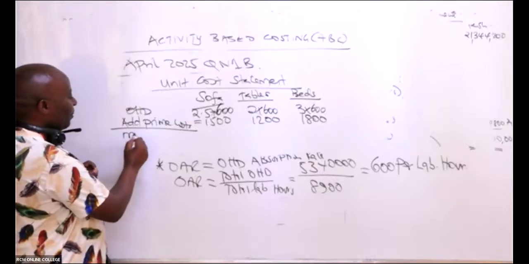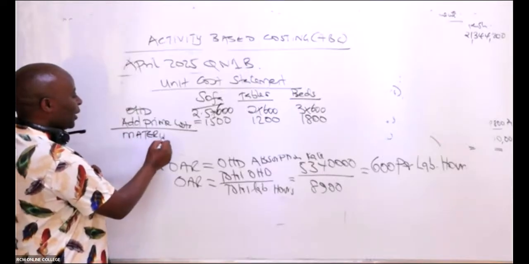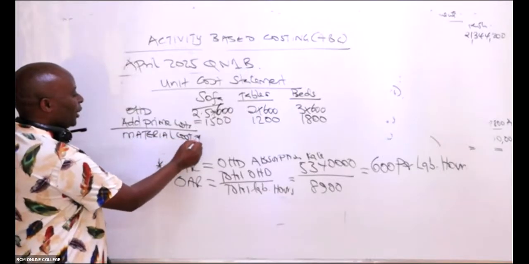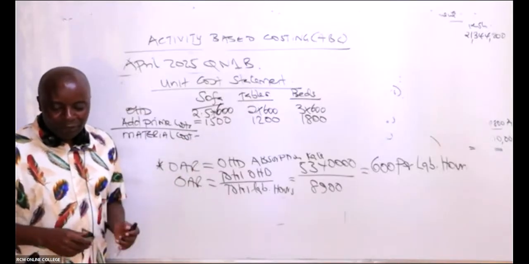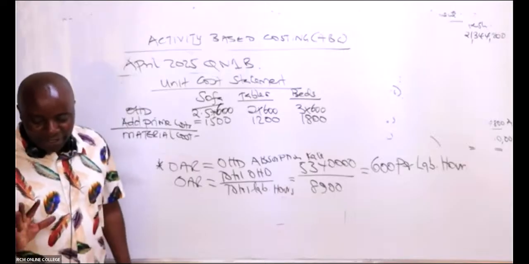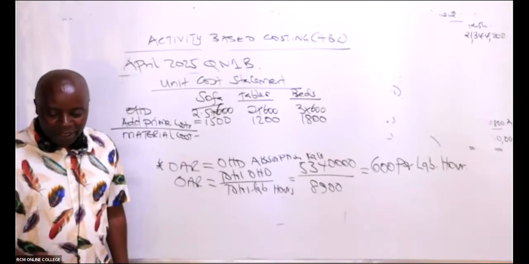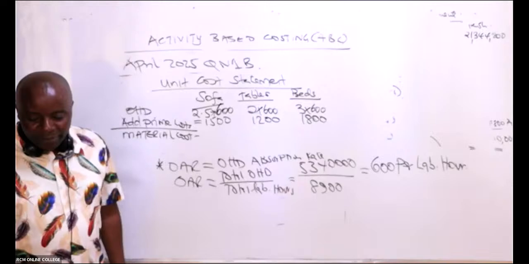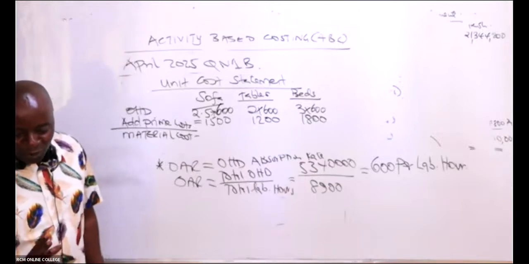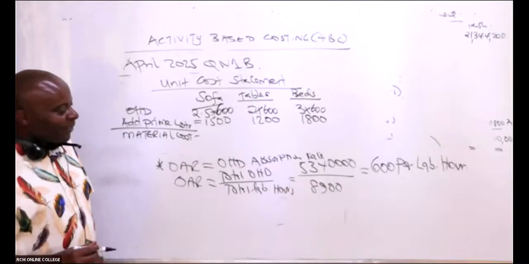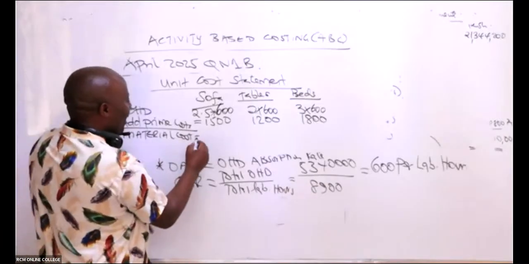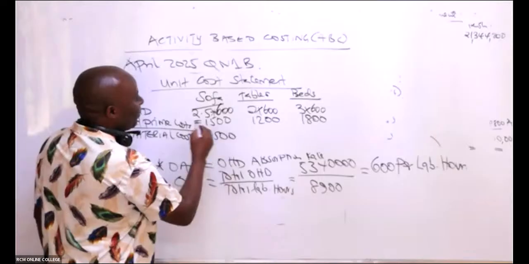So are you able to see the material cost per unit? Material cost, please give me the figures. According to Jennifer, material cost per unit for sofa is 4,500. So the leathers, etc. Here we need 4,500 in terms of materials.